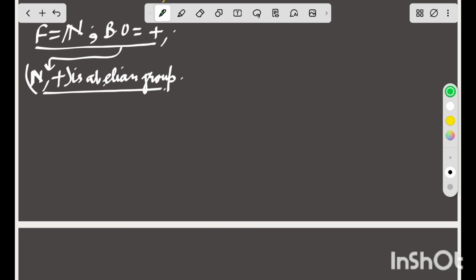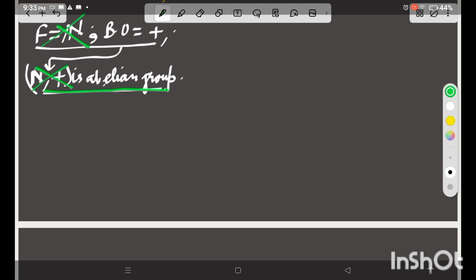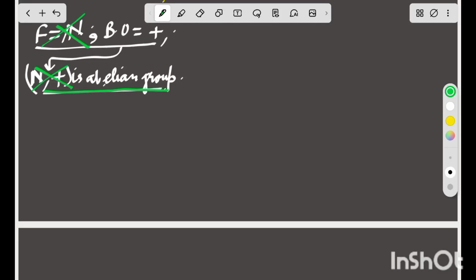As we already have seen, this set does not have the identity, this implies this is not an abelian group. This implies this set does not form the field.